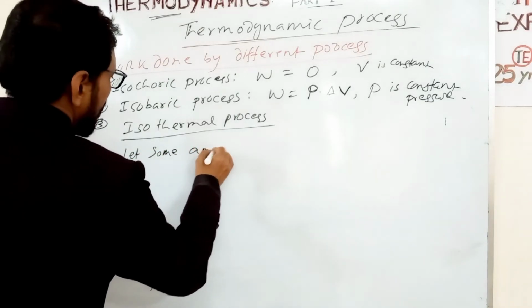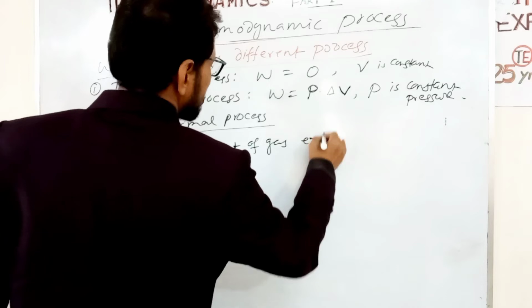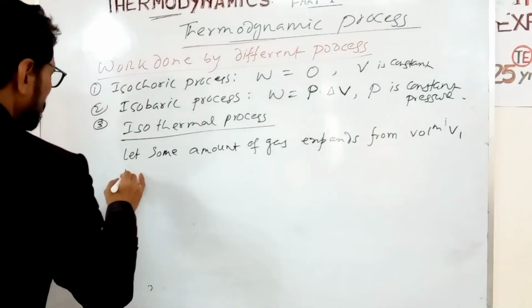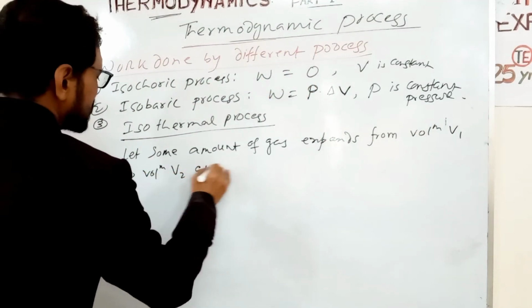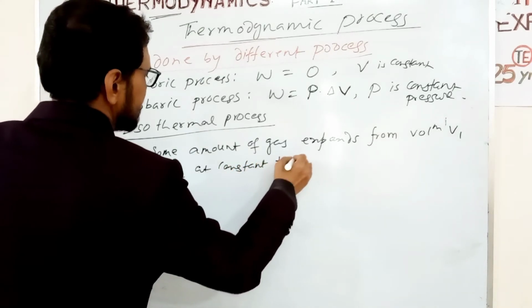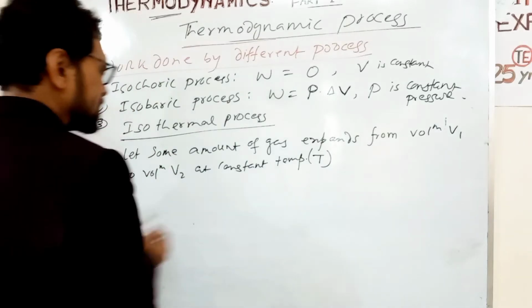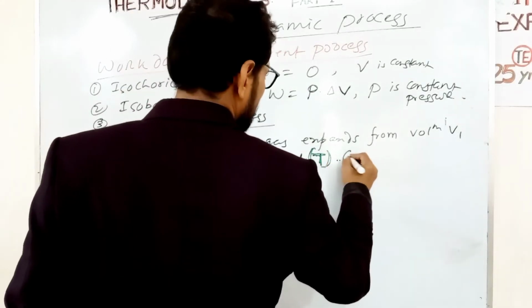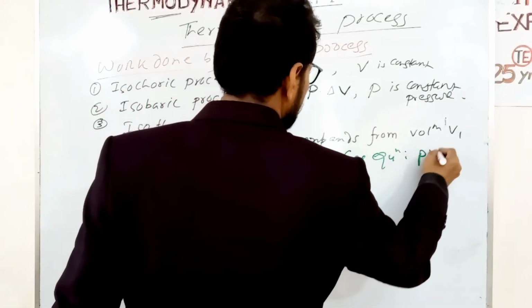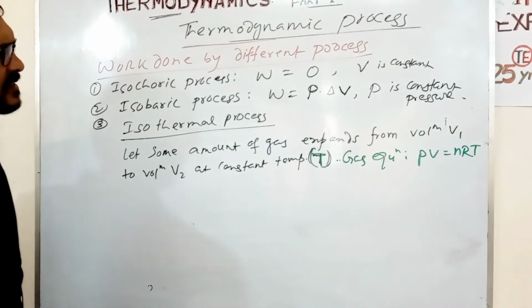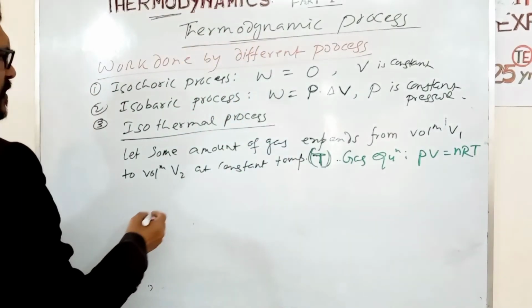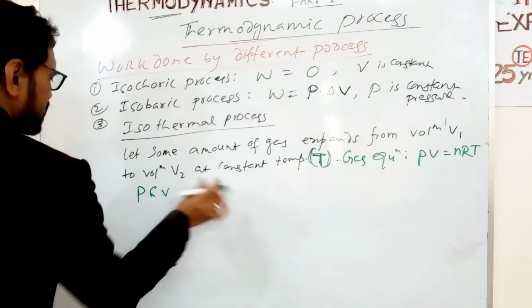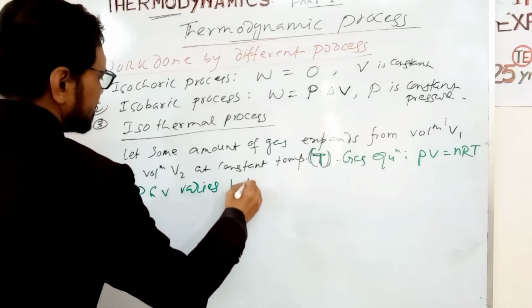Let an amount of gas expand from volume V1 to volume V2 at constant temperature T. The gas equation is PV equal to nRT, where P and V vary, but T is constant.